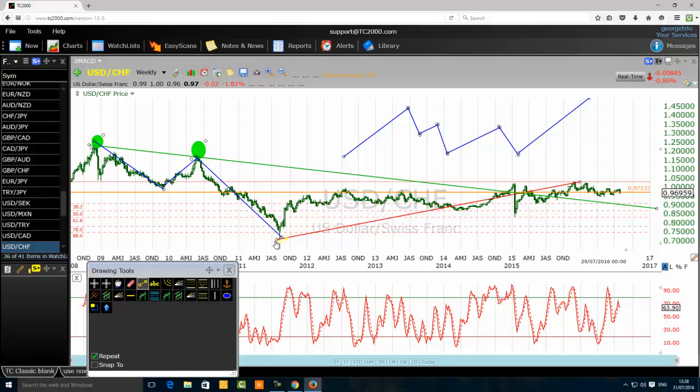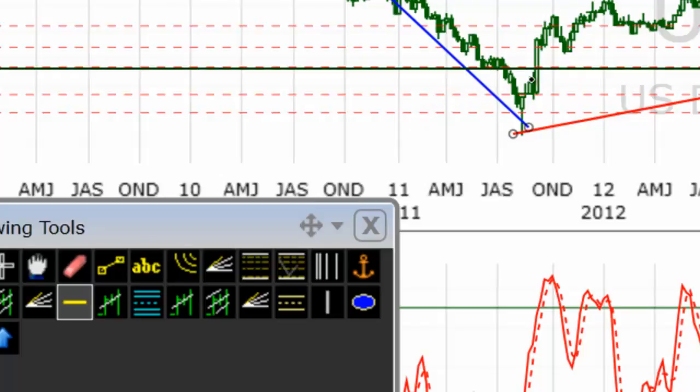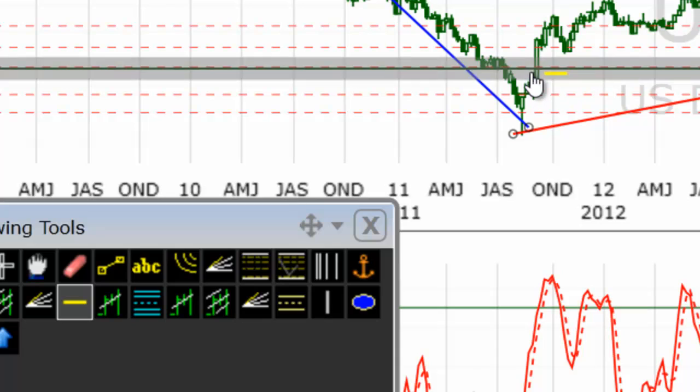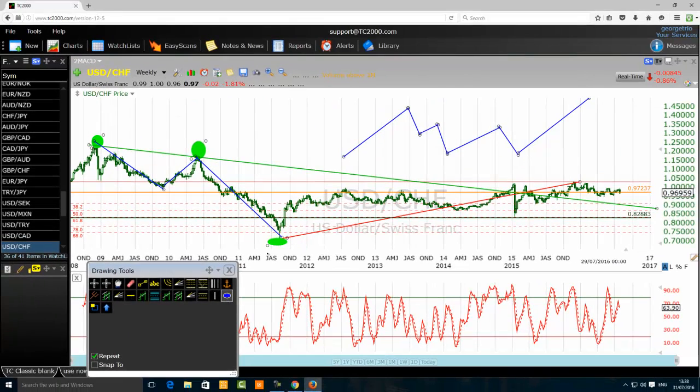But there are key levels that we must pay attention to. The first key level is the 61.8% Fibonacci retracement level of the price action, going up, going up, all the way to this point here.